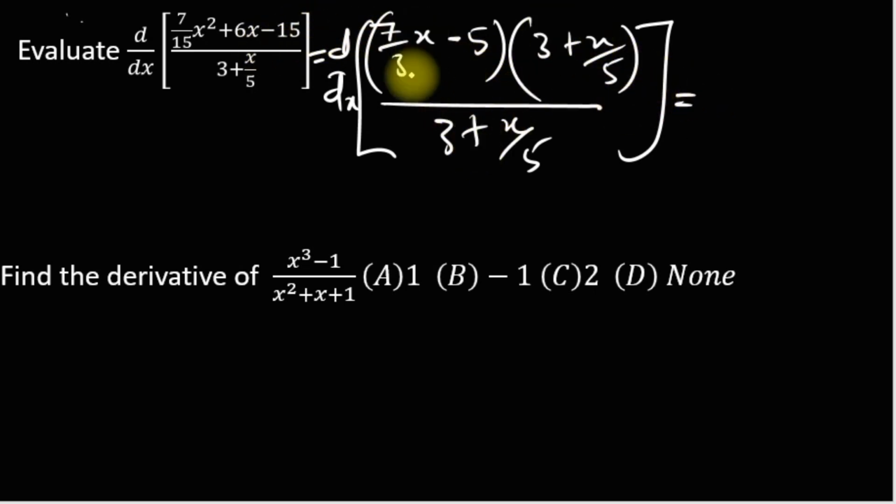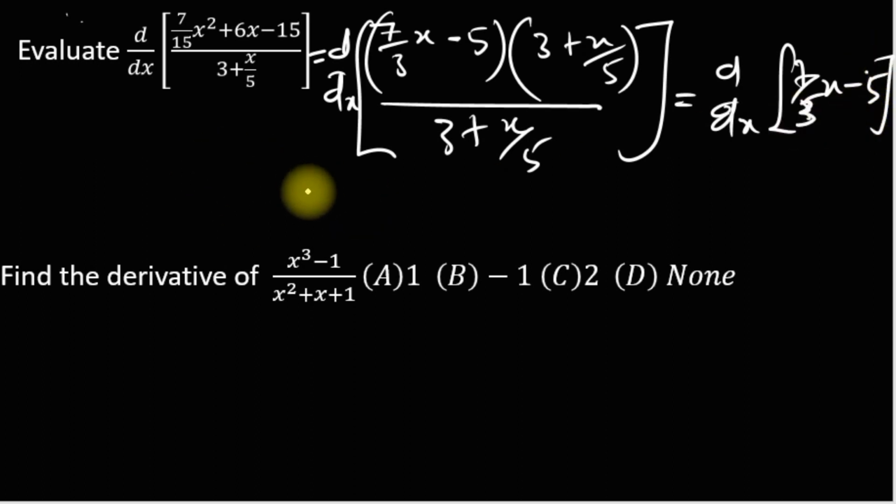So we'll reduce. So this is just the derivative of 7 over 3x minus 5, which is just, derivative of 7 over 3x is 7 over 3, while derivative of minus 5 is 0. So the answer is 7 over 3.